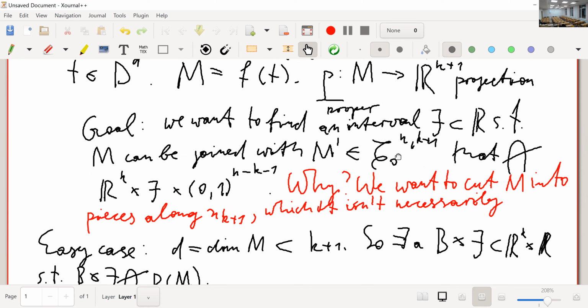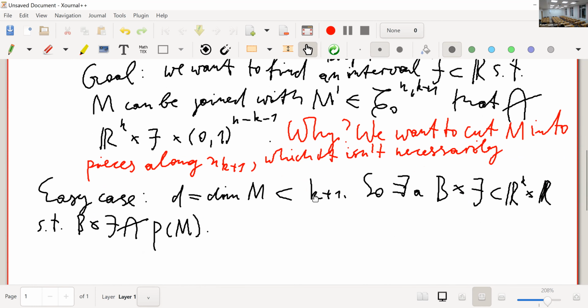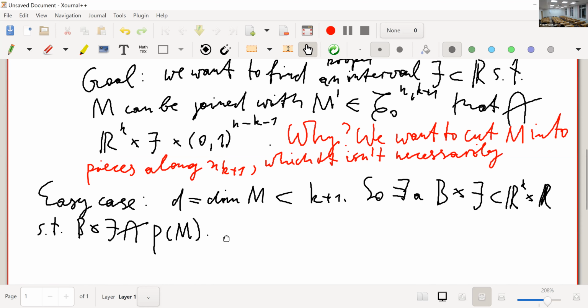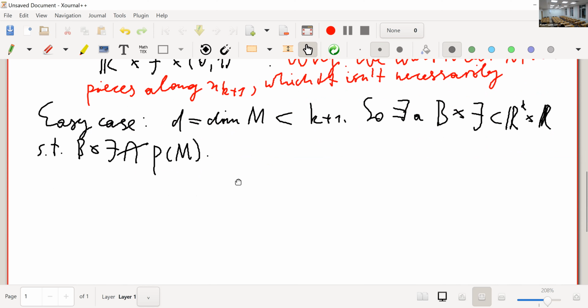So we have the first k plus 1 coordinates, and we call those R k plus 1. Okay, now what is J? B is a disk, and J is an interval.